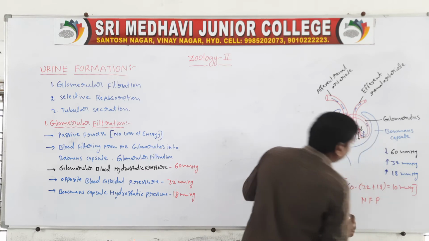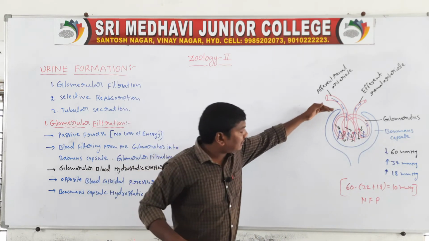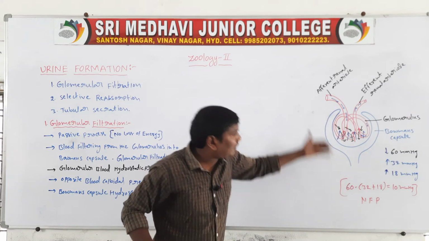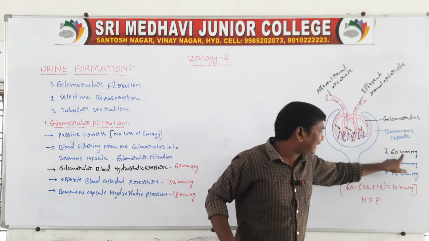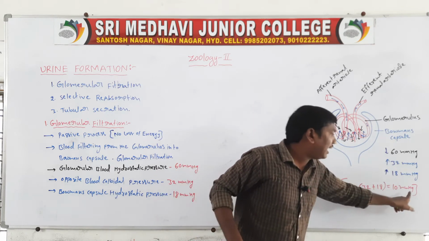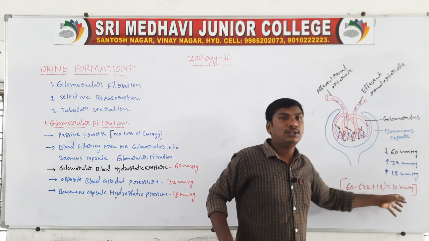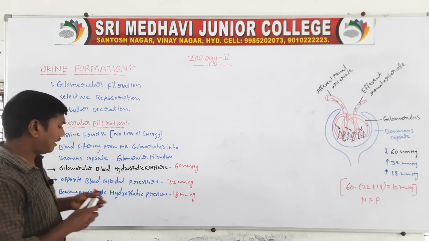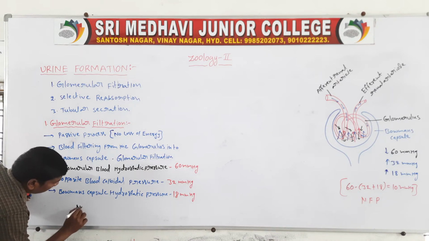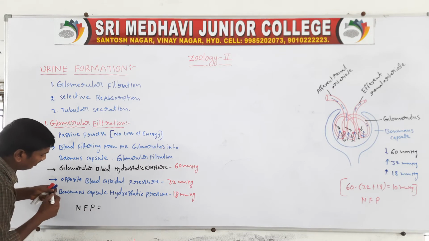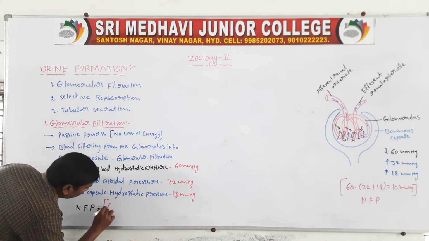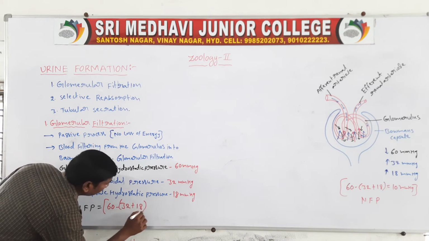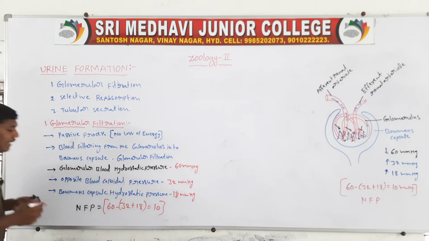So 60 mmHg hydrostatic pressure, opposed by 32 mmHg and 18 mmHg, gives 10 mmHg net filtration pressure.